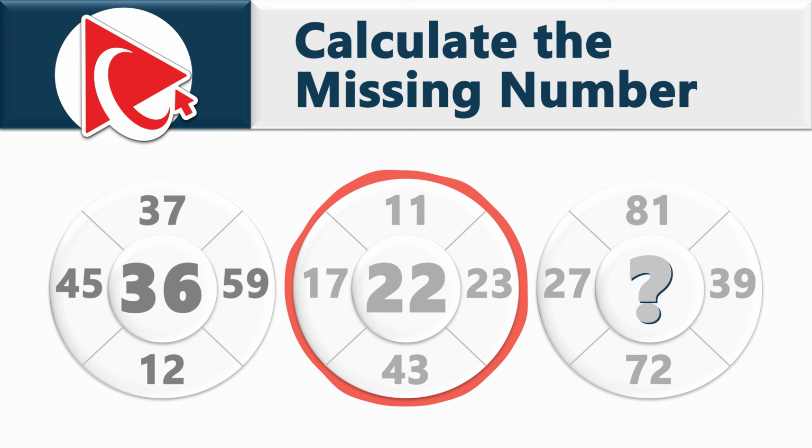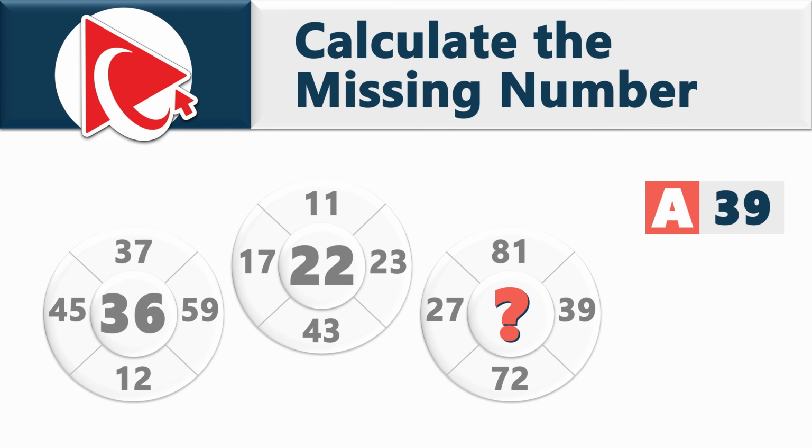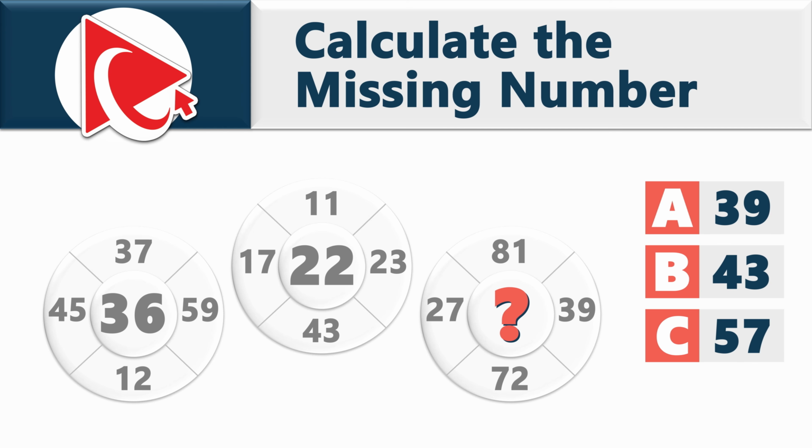The second circle has numbers 22, 43, 17, 11, and 23. The third circle has numbers 72, 27, 81, 39, and then comes the missing number, which you need to calculate and select out of 4 possible choices. Choice A, 39, choice B, 43, choice C, 57, and last but not least, choice D, 65.